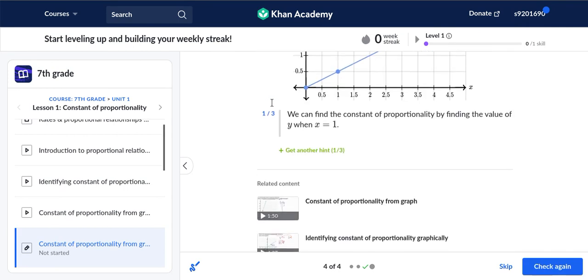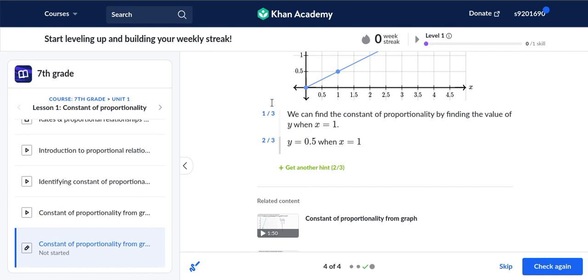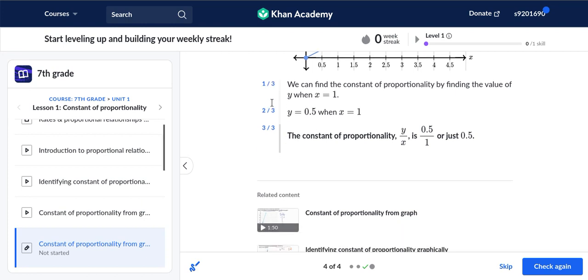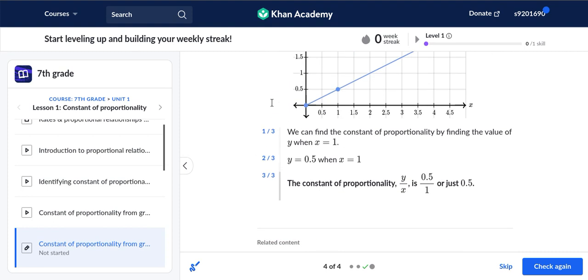There we go. So if you did think of a different answer, like I keep on saying, then let's see. We can find the constant of proportionality by finding the value of y when x equals 1. y equals 0.5, or 5/10, when x equals 1. The constant of proportionality is 0.5, or 5/10 wholes, or just 5/10.